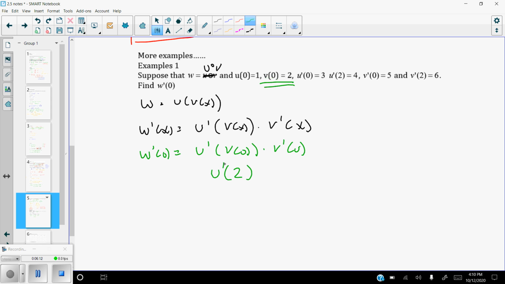So I'm going to take U prime of 2 times V prime of 0. They gave that to us. That's 5 right there. And then we need to find U prime of 2, which is up here somewhere. Yep, it's 4. So we get 4 times 5, or 20. That is W prime of 0.